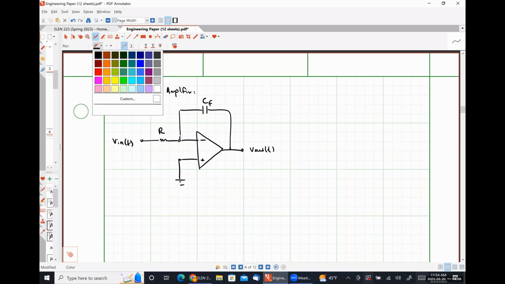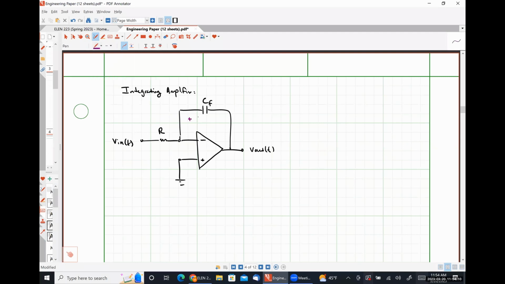Let's define our capacitor voltage like so, and our capacitor current like so. We know that this current is 0 amps and this current is 0 amps. We can observe easily that this voltage is 0 volts, which means this voltage is also 0 volts.